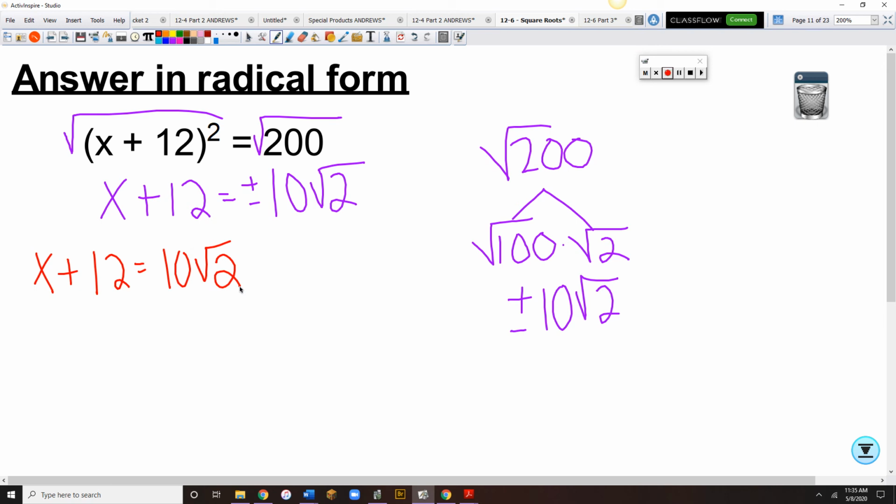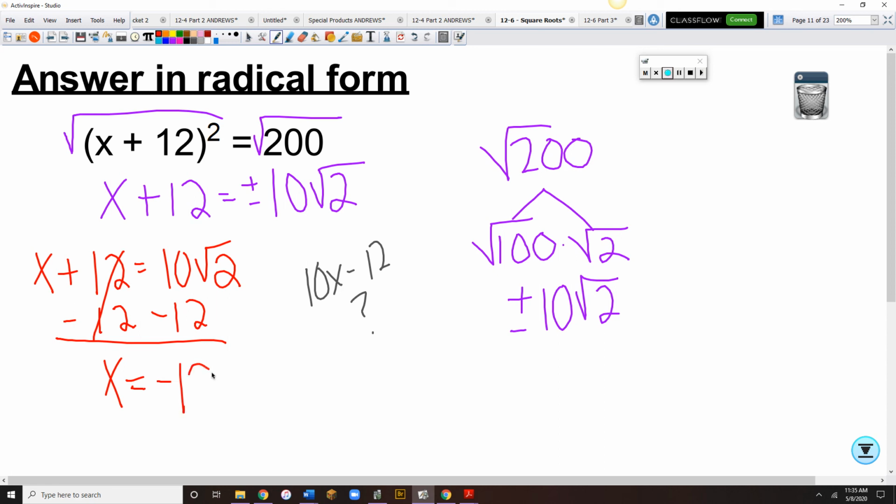So if I subtract 12, 10 root 2 minus 12, don't type it into your calculator. They are unlike terms. I want you to think of 10x minus 12. Could I really subtract or simplify that at all? No, I can't. Okay, so the answer here, we usually put the constant first.